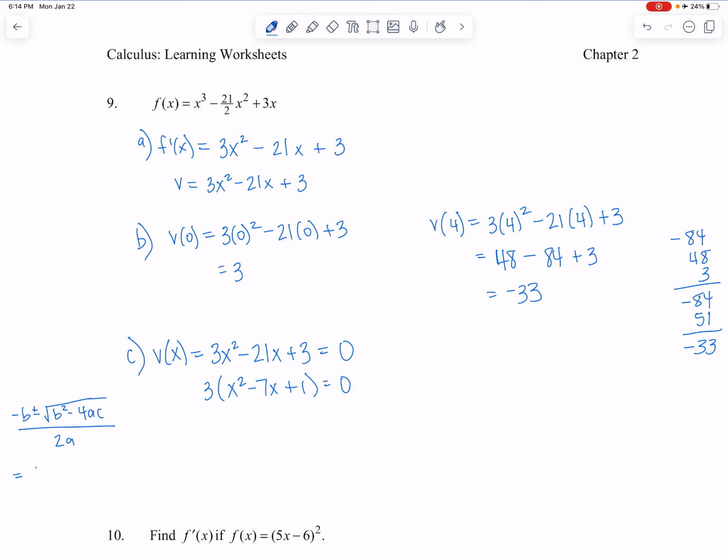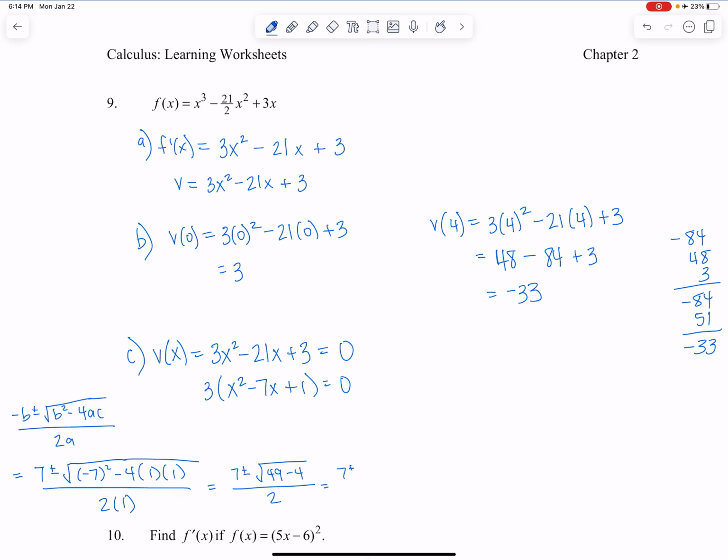So negative b is a 7 plus or minus the square root of negative 7 squared minus 4, a is a 1, c is a 1, all over 2, a is a 1. So we've got 7 plus or minus 49 minus 4 over 2. 7 plus or minus 45 over 2.